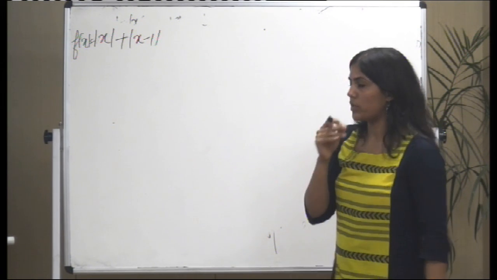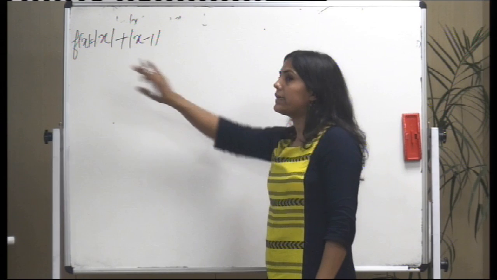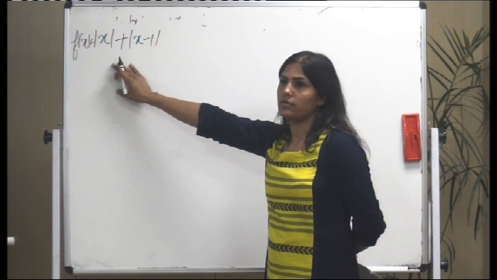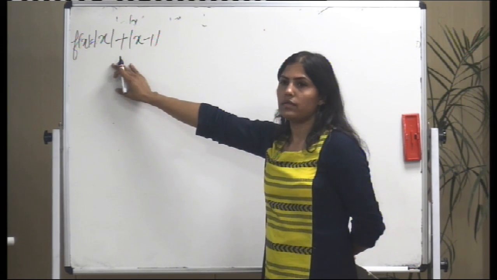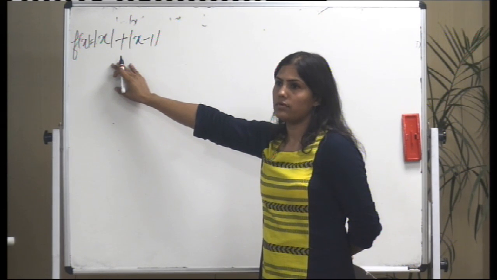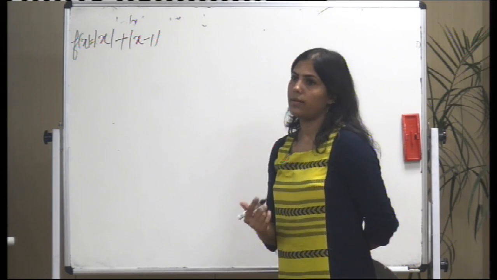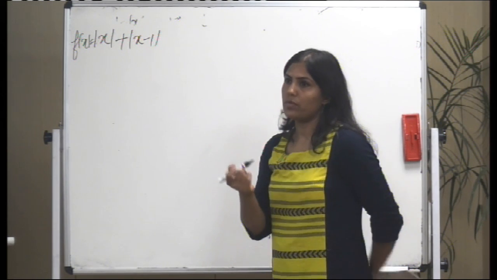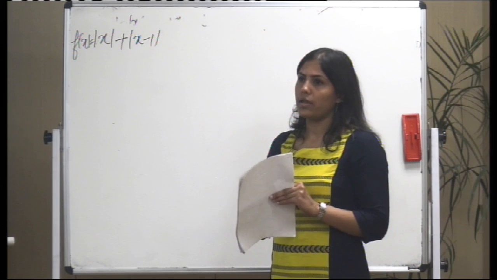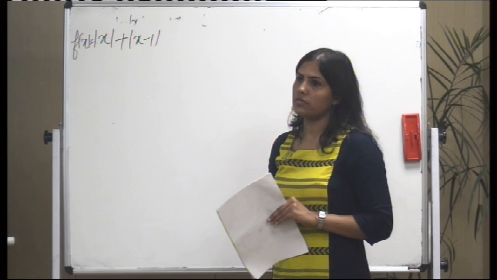Okay, one answer, because you have done limit and continuity. Is this function continuous? How is it continuous? On what basis are you saying that this is continuous? You should have some proof, no?